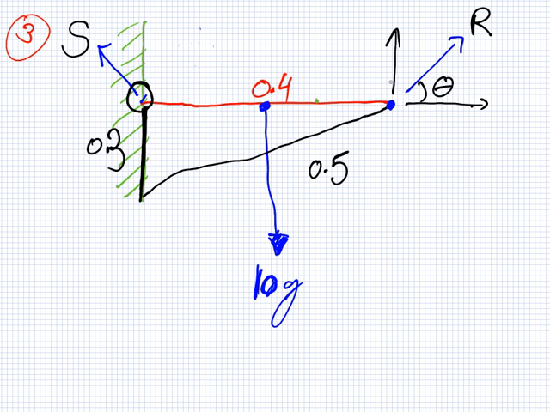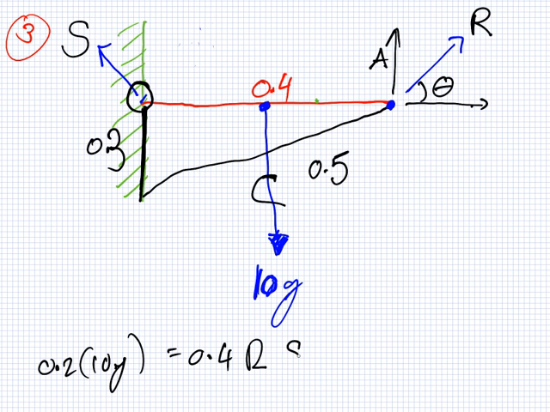Okay, so this one, clockwise or anti-clockwise? This one, clockwise, and this one, anti-clockwise. So you have 0.2 tan theta equals 0.4 R sine theta. So you get R equals... if the force is going for an angle, theta is the outside.